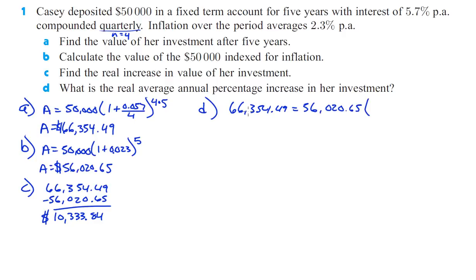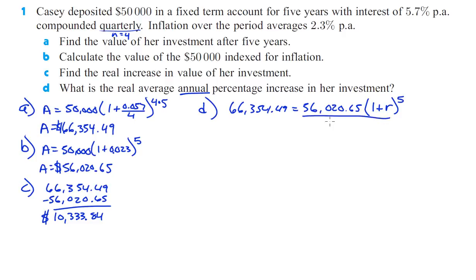That's the beginning amount, and that's the end amount. Then we want 1 plus the real average annual rate, so 1 plus R over 1, all for 5 years.